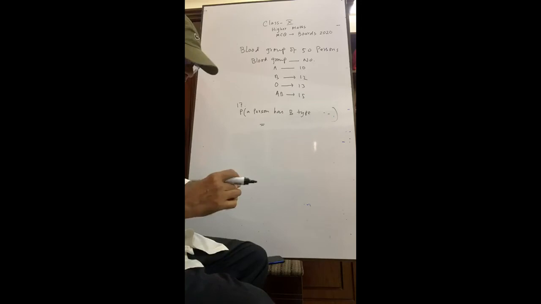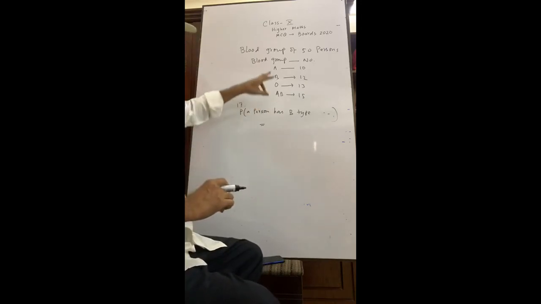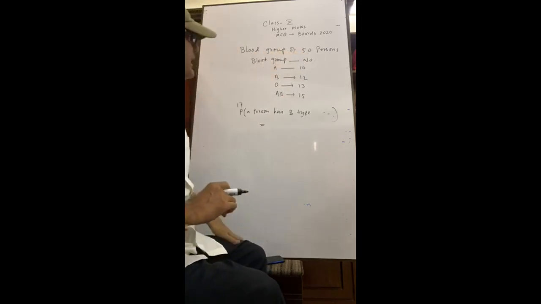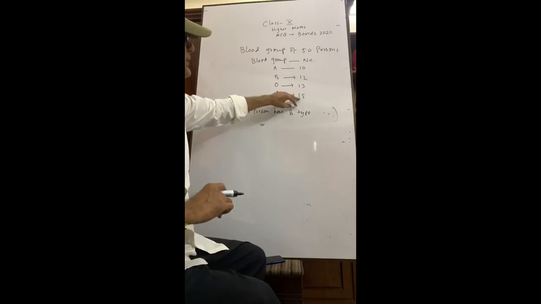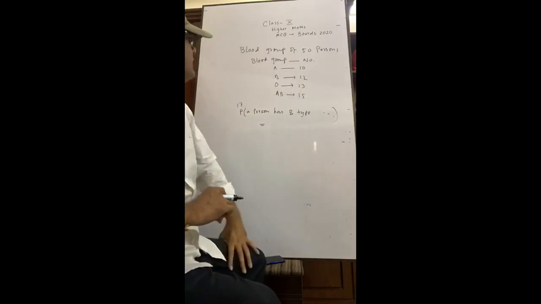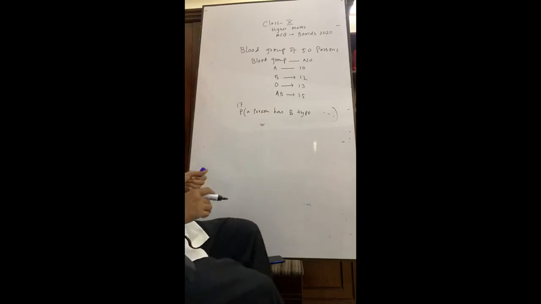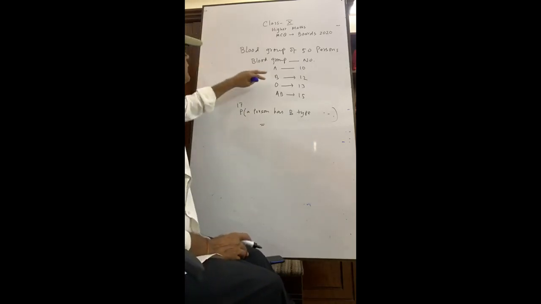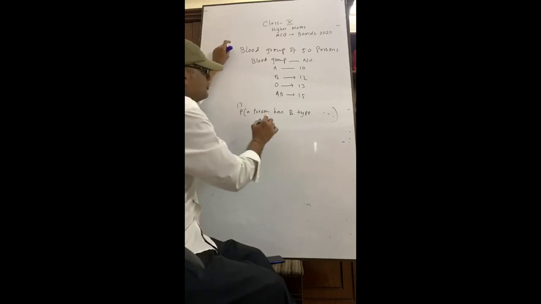You don't need my help. It is written at first, total 50, right? We calculate 15, 13, 28 plus 12, 40 plus 10 equals to 50. So here B group is how many? 12.